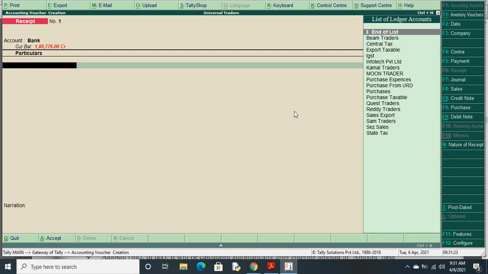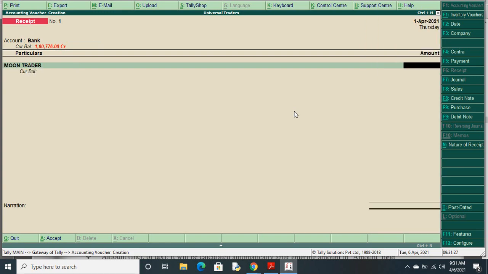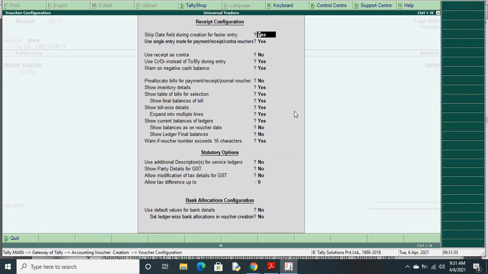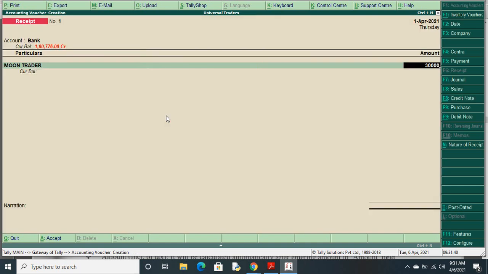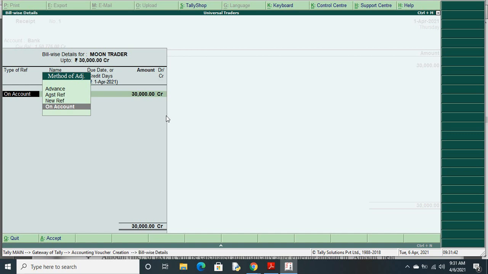Bank. So we have received it from Moon Traders. What is that amount? 30,000. Advance, ADV by Moon.